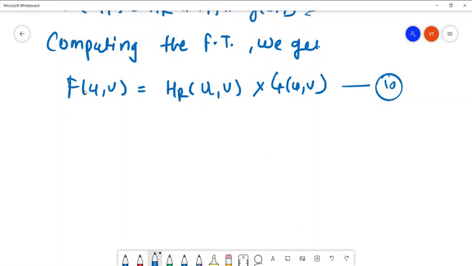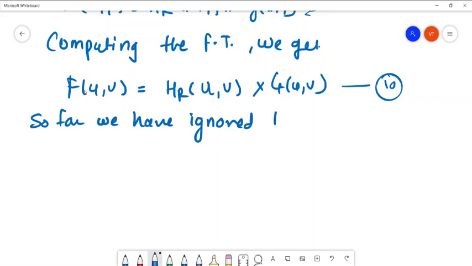Okay, till now, whatever we have seen, in that we have ignored the noise term. Now let us consider the entire chain.